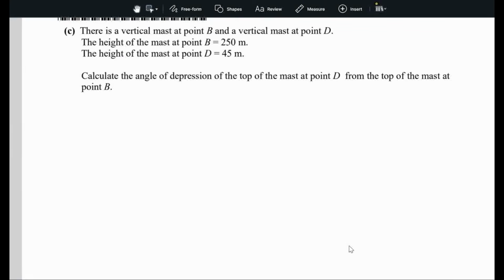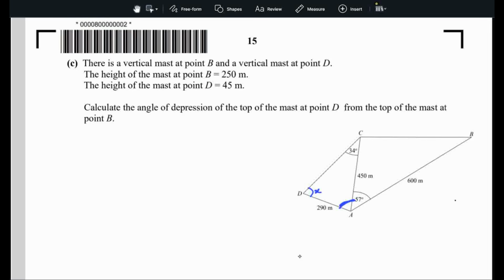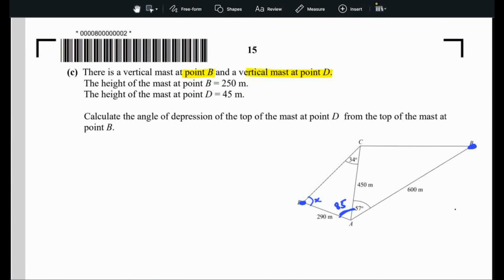Let's move to the C part. The vertical mast at point B and a vertical mast at point D. By the way, we know that this angle is 85.8, which we found previously.